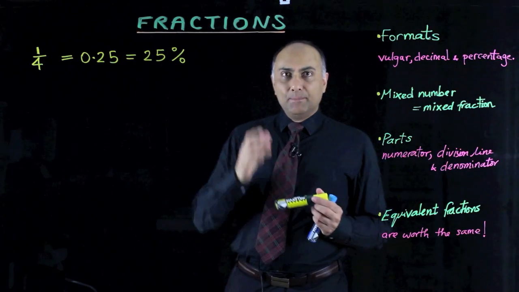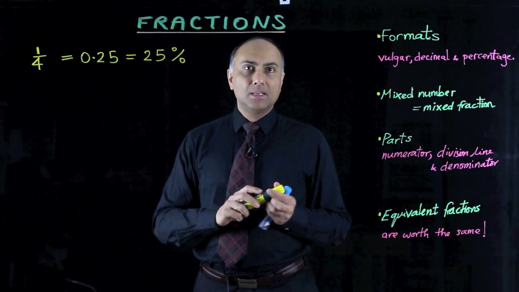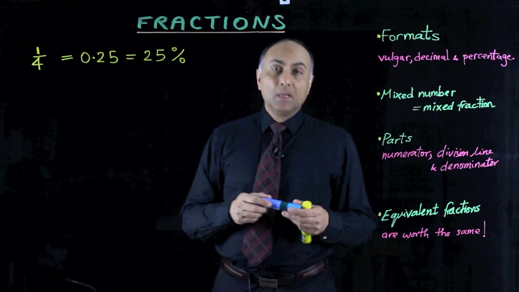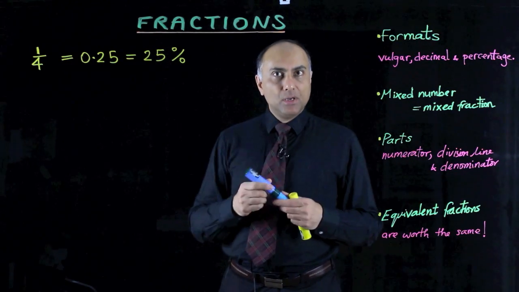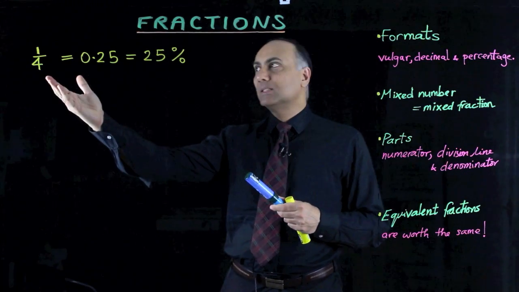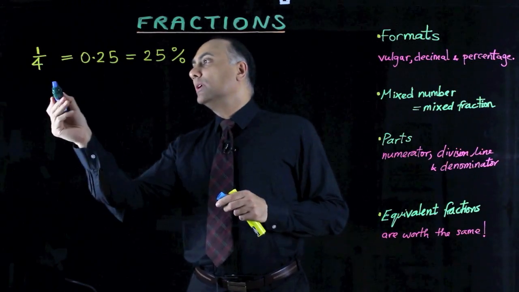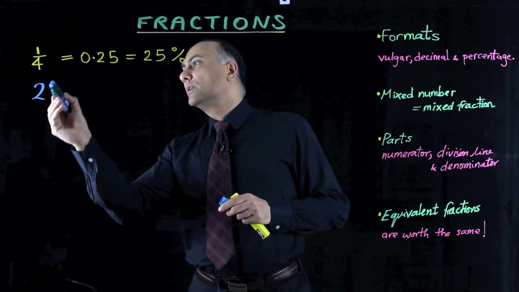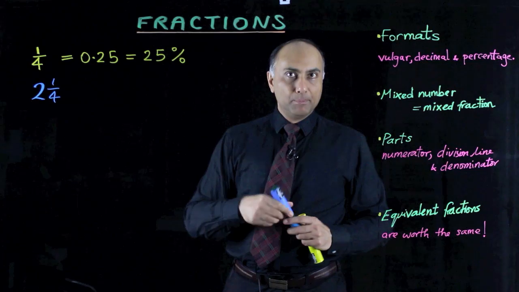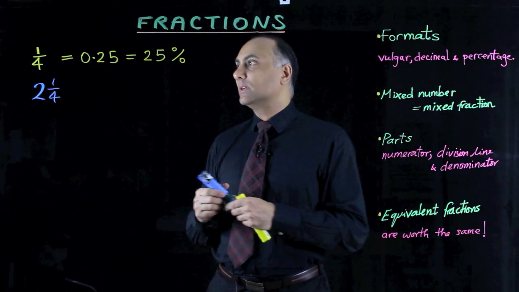So what is a mixed number? Well, a mixed number is what it suggests, which is a mixture. A mixed number is a mixture of a whole number and a fraction. So if we make a mixed number using a quarter, you could say 2 1/4, and that would be a mixed number or a mixed fraction.